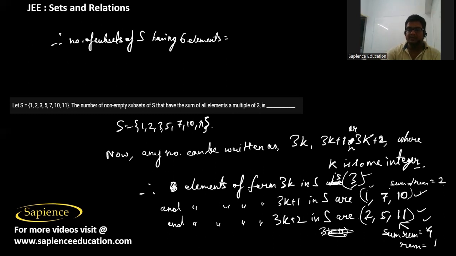Since here the sum of the remainders will be 3 and here the sum of the remainders will be 6, there will be no remainder when we divide them by 3. So it will be in one way only. And then the number of subsets of S having 7 elements. Then we have to take all the elements in the set S. So that is only one way.